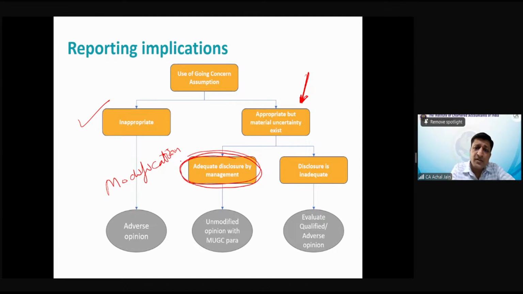So management is providing the required disclosures. So if the management does that, then what will happen? Modification will not be required. But auditor will have to highlight this disclosure somewhere. And how will the auditor highlight this? Through a para in his audit report that you call as MUGC. Material uncertainty around going concern.